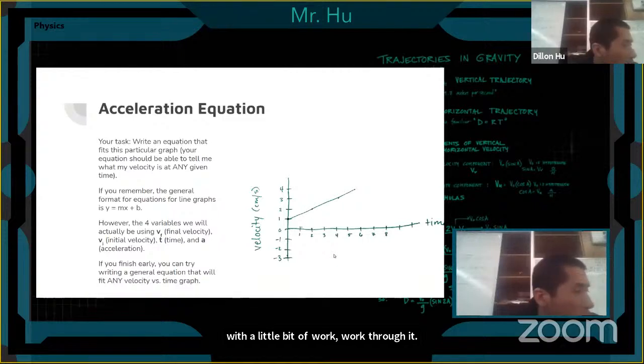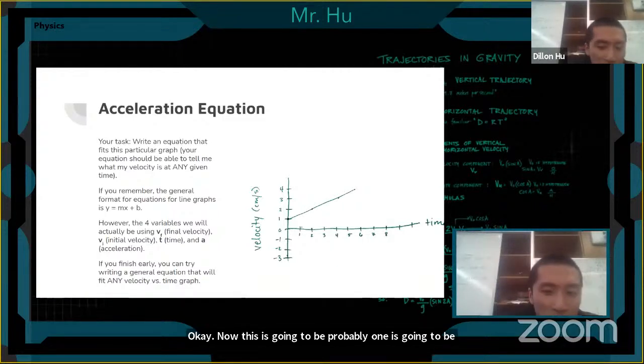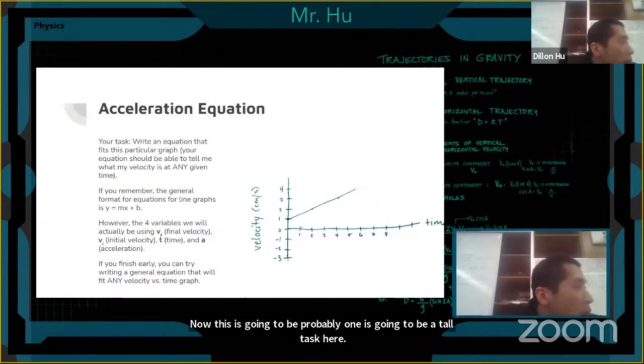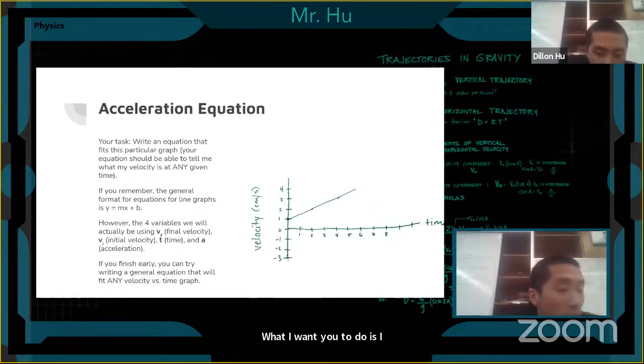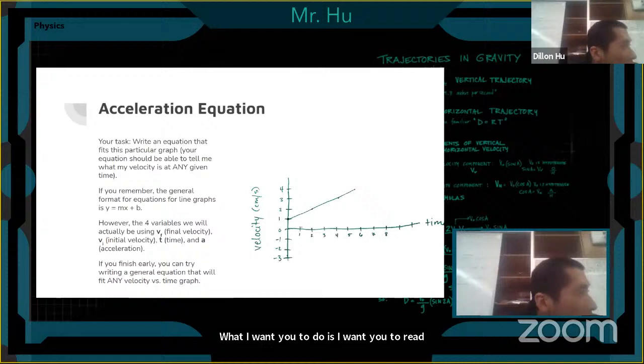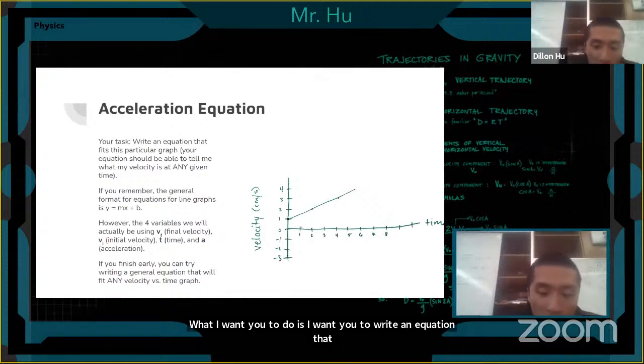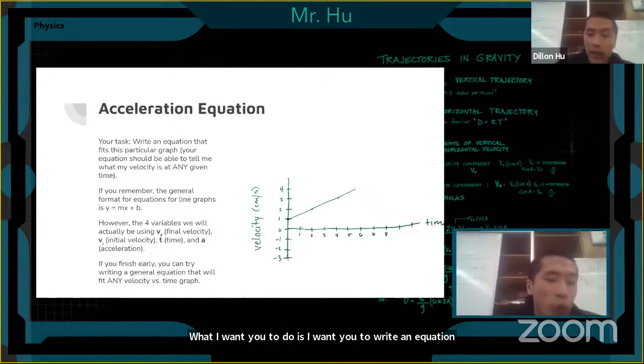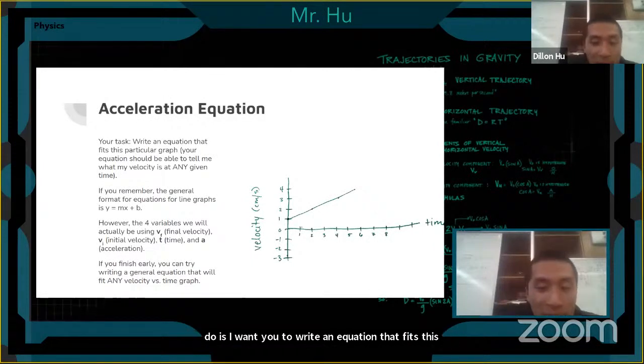Okay, now this is going to be a tall task. What I want you to do is write an equation that fits this graph. You know how when you plot a line graph, you're trying to find the equation of a line?